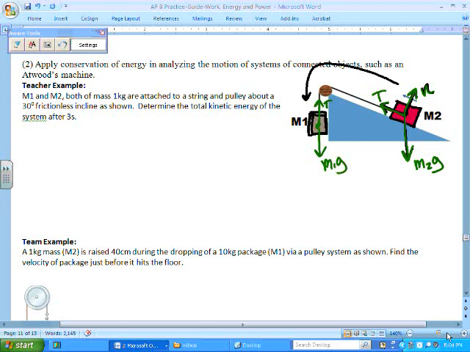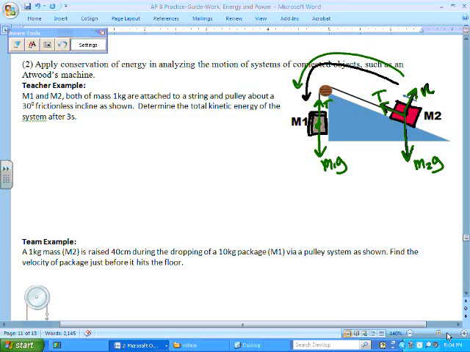It's frictionless. So in our coordinate system that we've chosen, we know that since the masses are the same, it's going to favor this direction. So let's call that direction the positive direction.